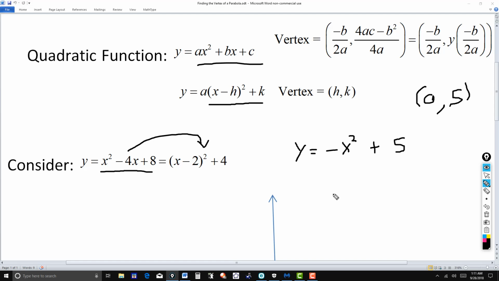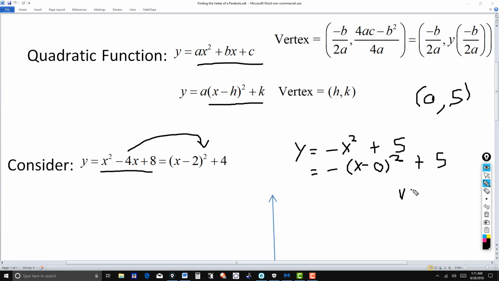(0, 5). Now I can also look at it in this form. Minus, x squared can be written as x minus 0, quantity squared, plus 5. So now I have it in this form, where the a is -1, the h would be 0, the k would be 5.